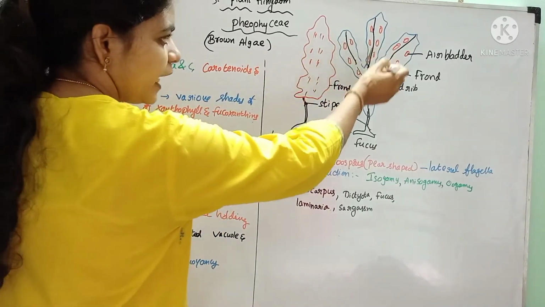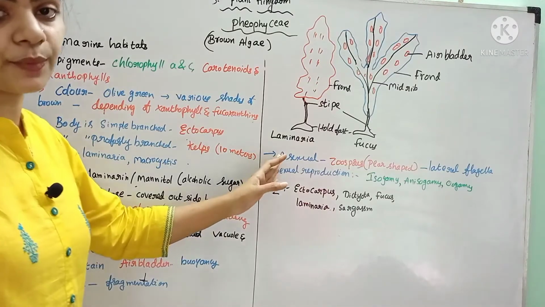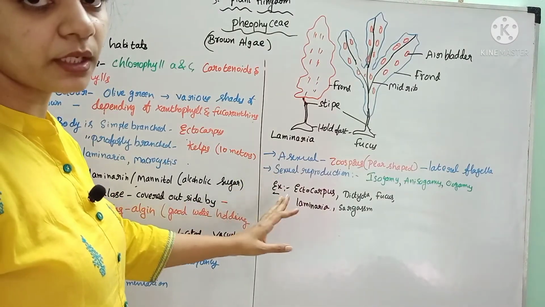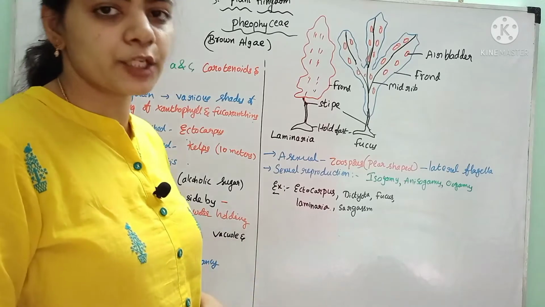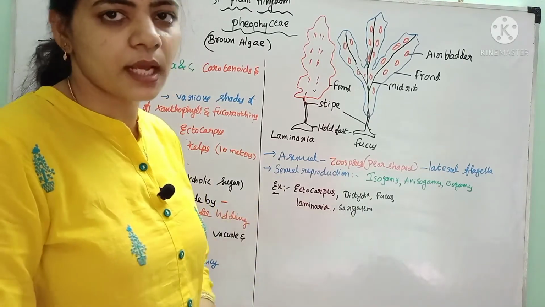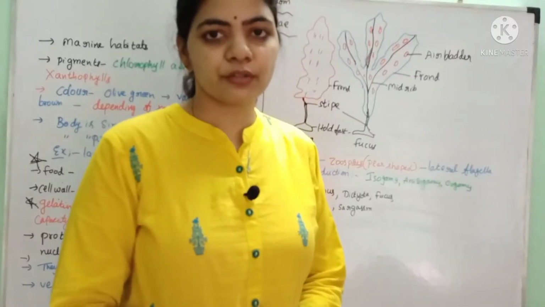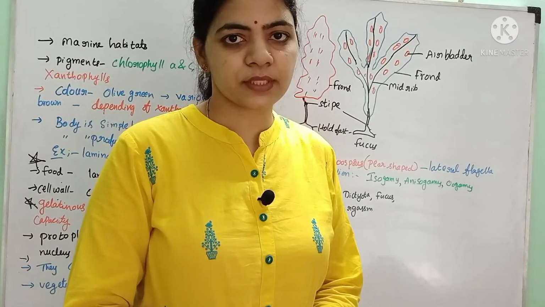They may contain air bladders for buoyancy, and they reproduce by fragmentation, asexual reproduction and sexual reproduction. Examples for these organisms are Ectocarpus, Dictyota, Sargassum, Fucus and Laminaria. This is about phaeophyceae. In the next video we are going to study rhodophyceae members.